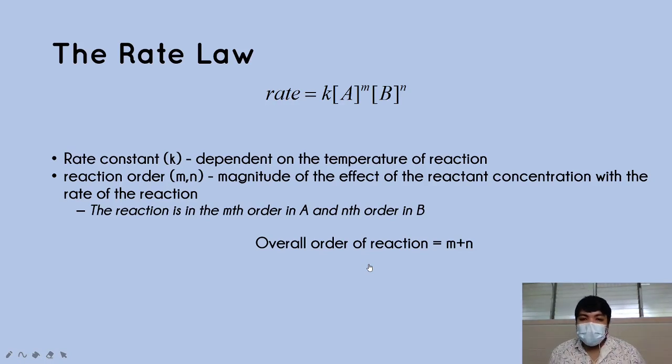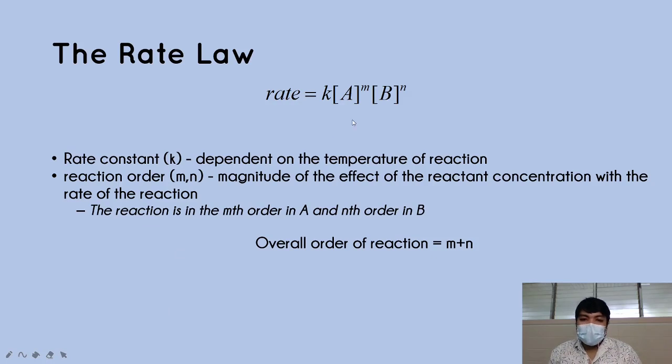Another property is the exponents for each of the reactants, and that is what we call the reaction order. It's some sort of a qualitative standard that shows how greatly the initial concentration of the reactant affects the rate of the reaction.